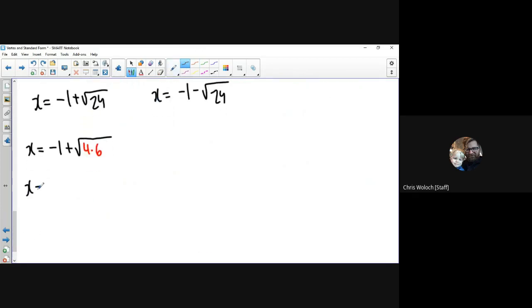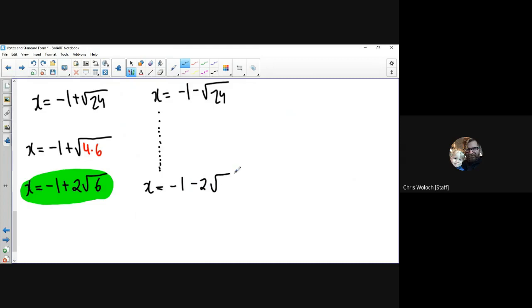So that means x is going to equal -1 plus this. What's the square root of 4? That's 2. We get 2 root 6, and this is my simplified solution. And that means that this one, if I go down here, x is going to be -1 minus 2 root 6.